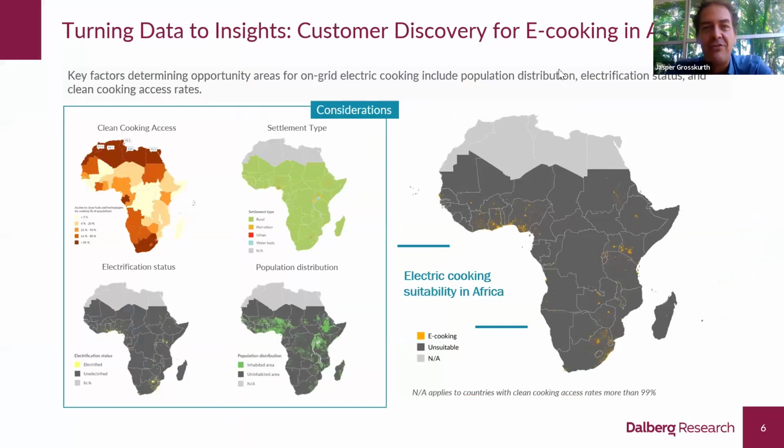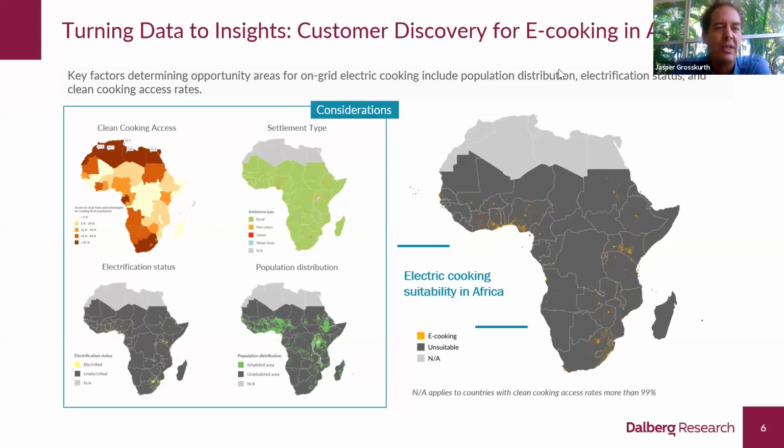Here's a very simplified version. We took an example of e-cooking because that's a map that we can freely throw around into the public domain, and it's somewhat adjacent. And for some of you, it is spot on what you do. In this case, you see a number of input variables on the left. This is not a complete set, but to show statistics on clean cooking access. A lot of this data is only available Africa-wide from PDF-based reports.